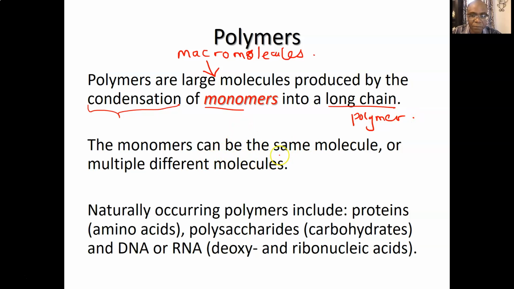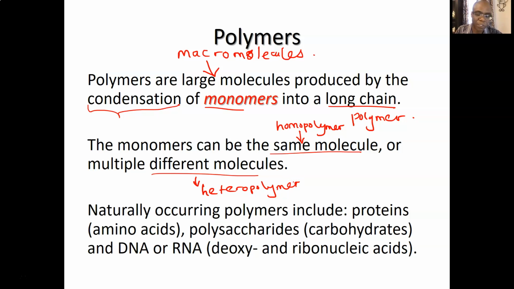Monomers can be the same or they can be different. When they are the same, the type of polymer you get is called homopolymer. When the monomers are different, you get what we call heteropolymer. So one single polymer made by joining two different structured monomers is called hetero.